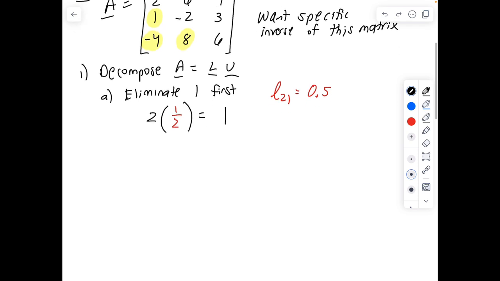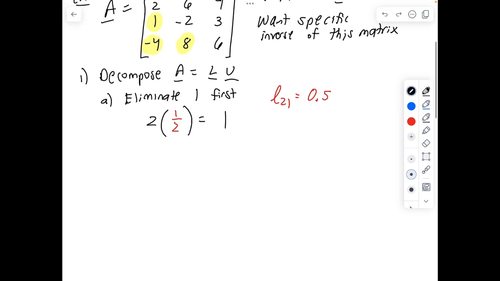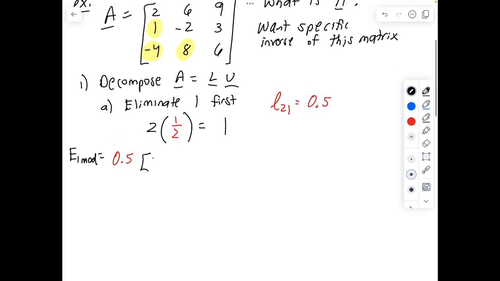So what we're going to do now is take that multiplier, our 1/2, and multiply that by, this will be our E1 mod. We're going to multiply that by 2, 6, 9, and that will give us 1, which is what we want, 3, 4.5.